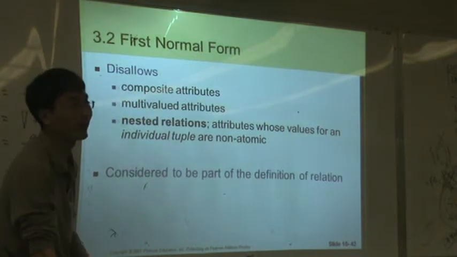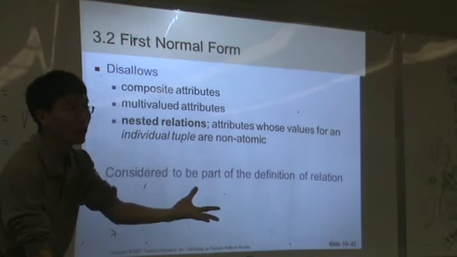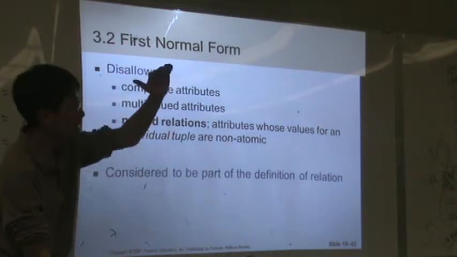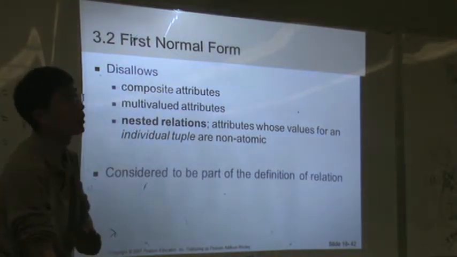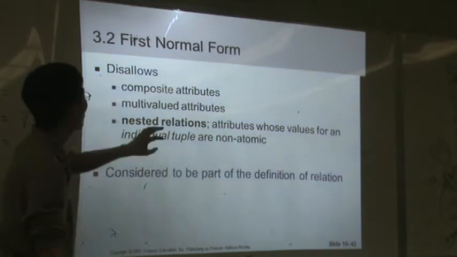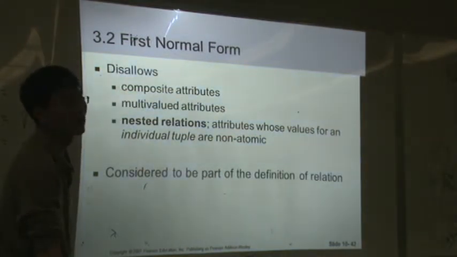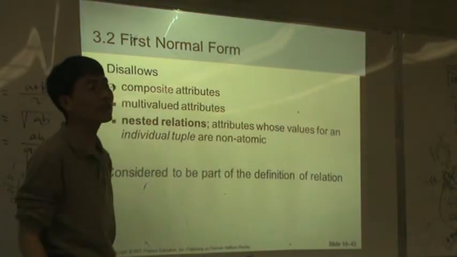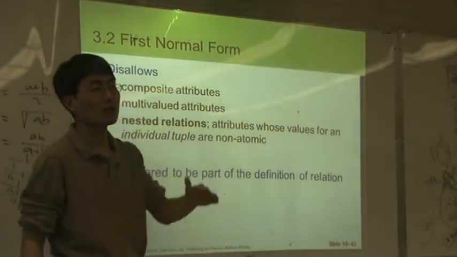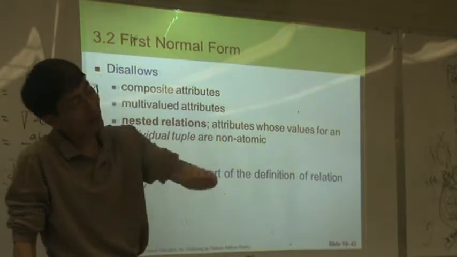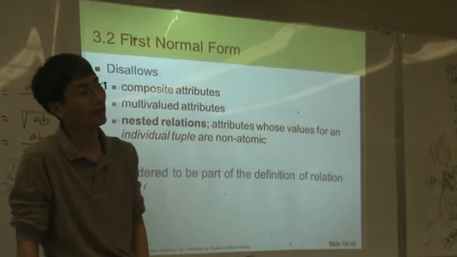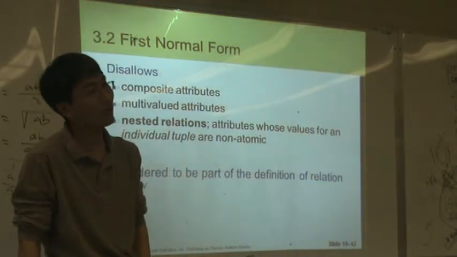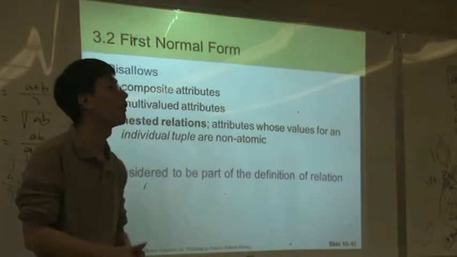What about the multi-value? Like the location. There are many locations for the project. So, multi-value attribute. First normal form does not allow multi-value. Nested relation. What does it mean? Table inside the table, which is not allowed in the relational model.